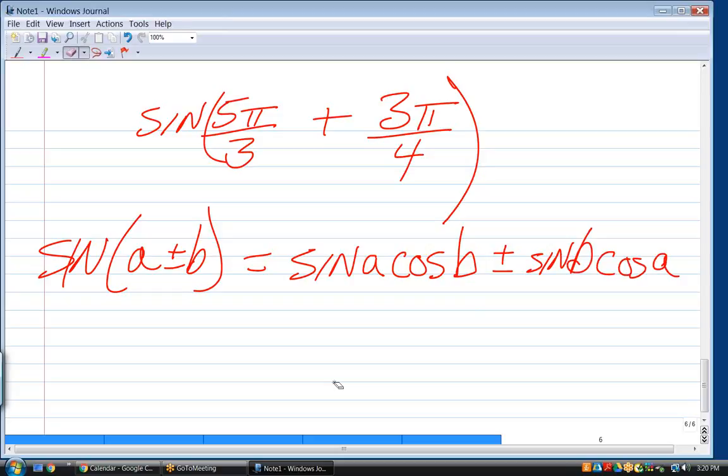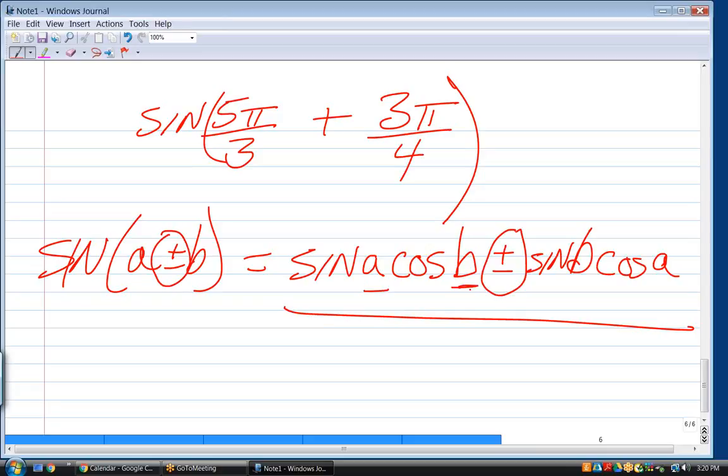Yeah. In other words, a lot of memorization, you don't have to memorize the whole thing. You just have to memorize part of it. I never memorized that whole thing. What I memorize is the fact that there's two sines and two cosines, that this sign is the same as this, and that these letters are different. That's all I have to memorize.